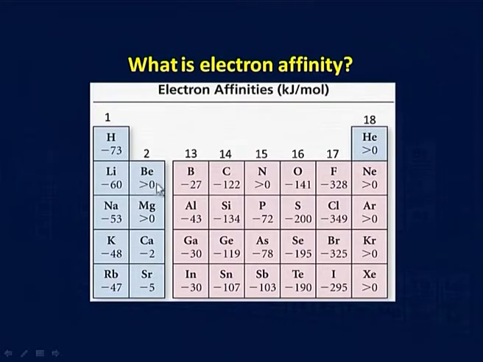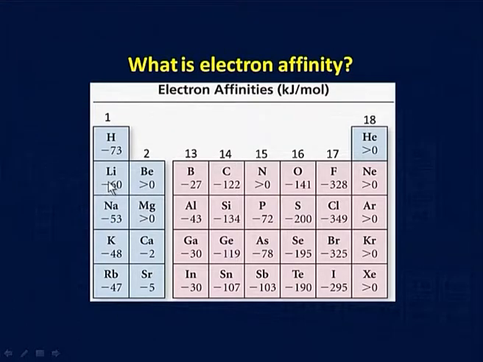So, in this period we see the values of electron affinity, and from these values we can find that the electron affinity of the 18 group elements, the noble gases, is 0, whereas that of 17 group, the halogens, is very high. And when we move across the period, we find some irregularities.